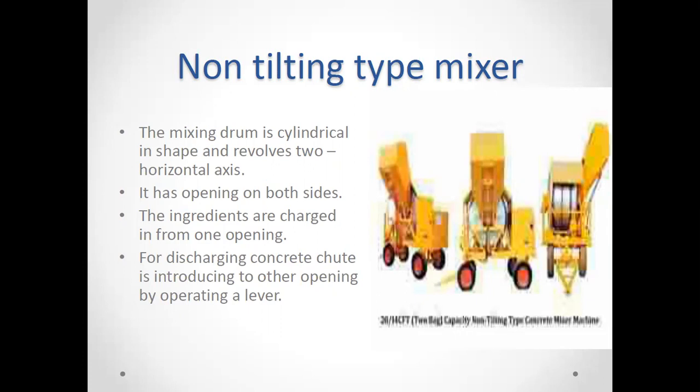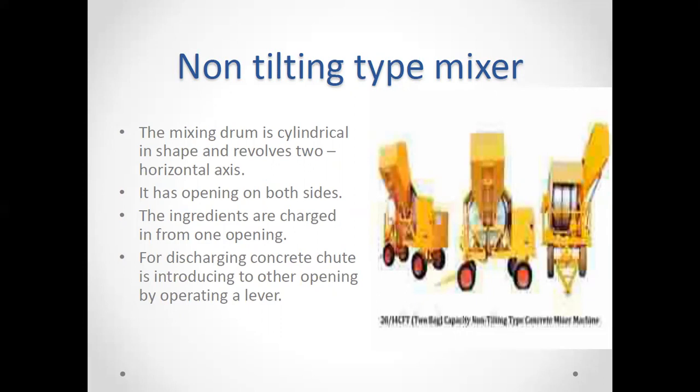So you can see when we are going to cast at a particular height, or we can say we are going to cast on the first floor, second floor, third floor, then we can use this type of mixer. At that time, we can't use a tilting type mixer. That one we can use for activities like ground level activities.